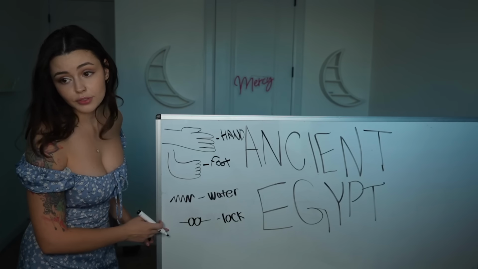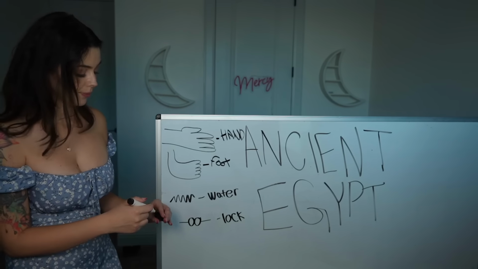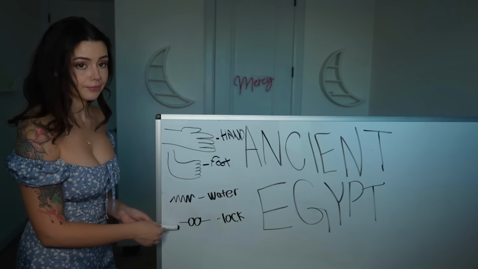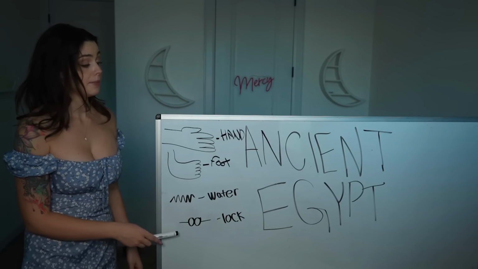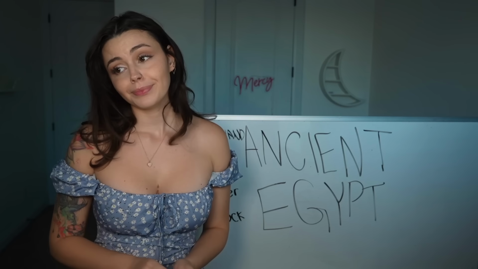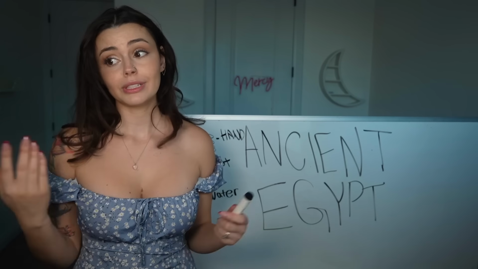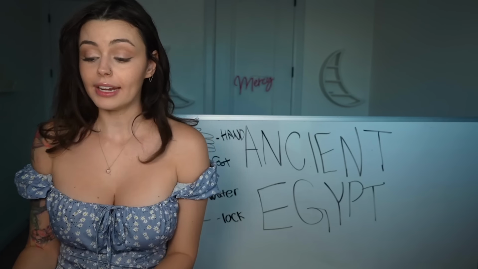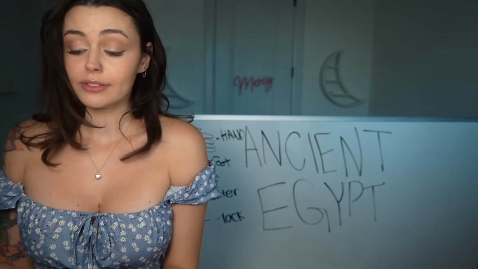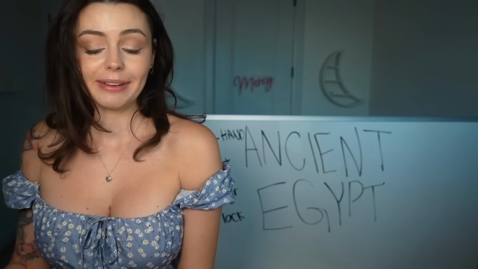This looks like glasses. You know what I mean? That does not look like a lock to me. Maybe in ancient Egypt, but I would assume that was glasses personally. So I'm glad we got the Rosetta Stone. I'm glad we know what they're saying. All right, that's for sure.